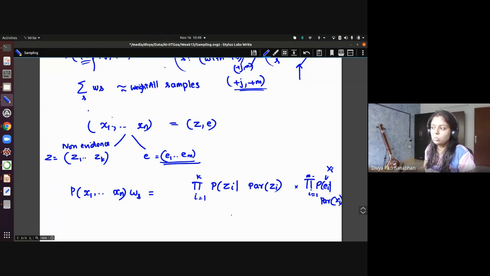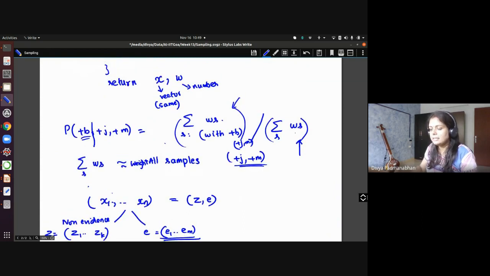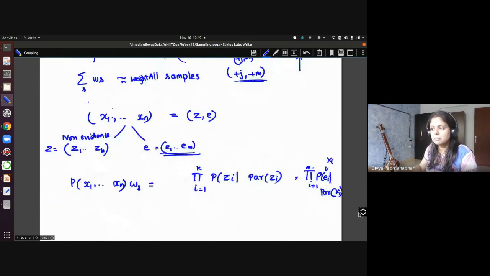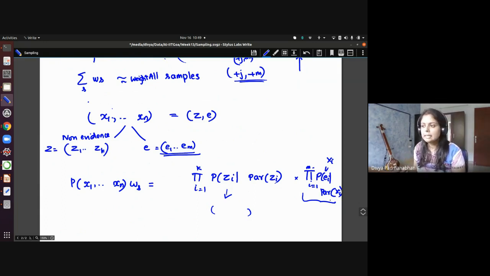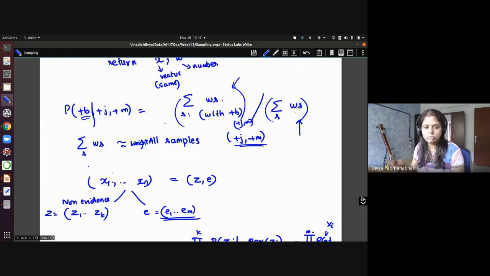When you multiply with the weights, you get the desired probability. That's why when you take this ratio, things become similar. The samples you get give you a sample, and you have this part as the weights. When you take this joint product, the overall expression evens out.